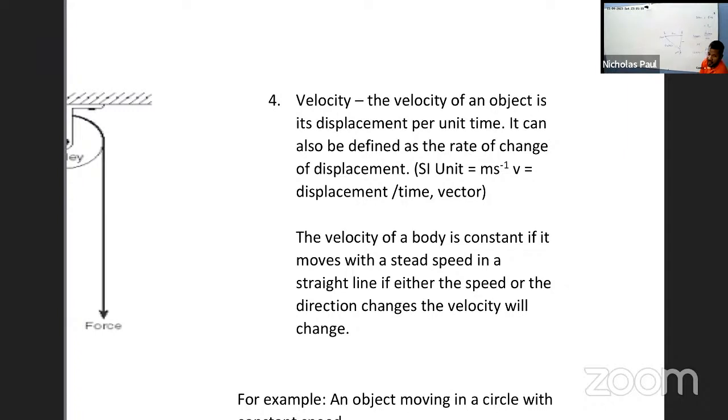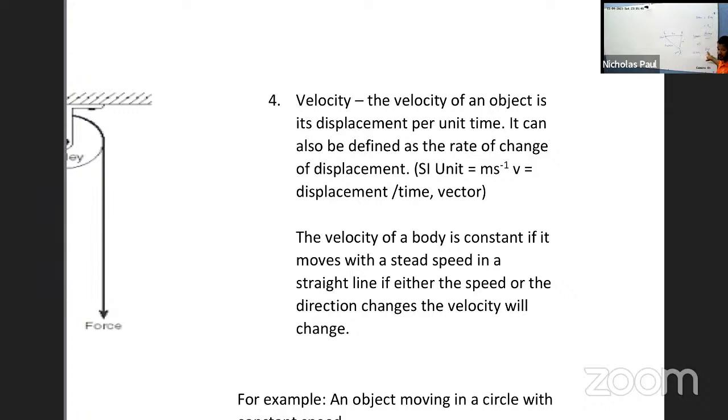So if somebody asks you what is the difference between speed and velocity, what will you tell them? Antonia, what will you tell them? What's the difference between speed and velocity? Speed has to do with distance.